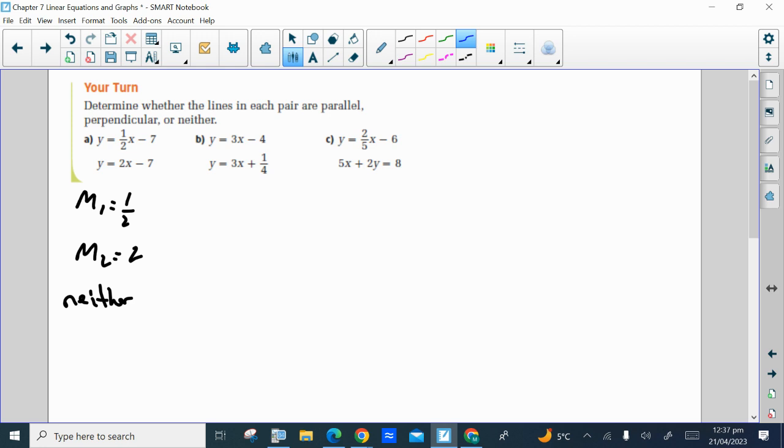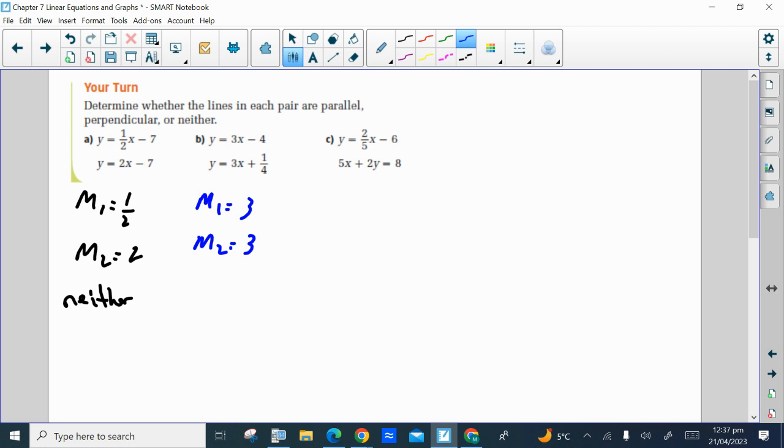Looking at question B, do we know the slopes of those two lines? What are they? How do we know that they're 3? Well, because they're both in slope-intercept form. Remember, slope-intercept form is y equals mx plus b. If you have positive y by itself on one side, usually you'll have two terms on the other side, one with the x, one that doesn't have an x.